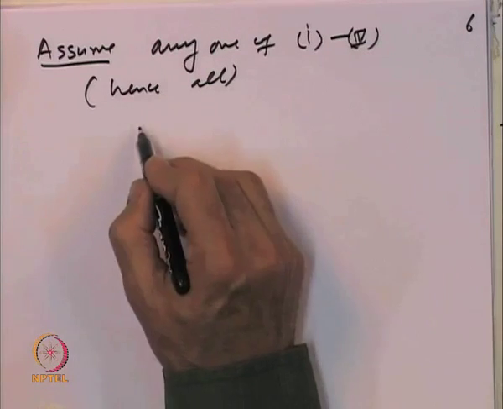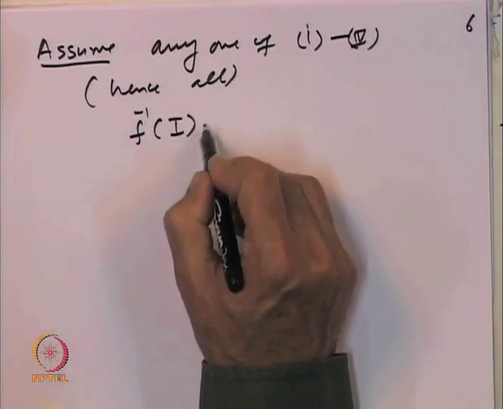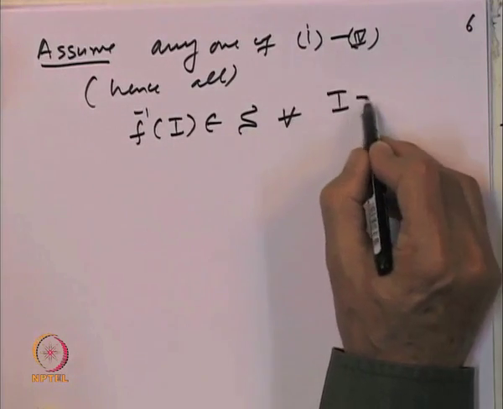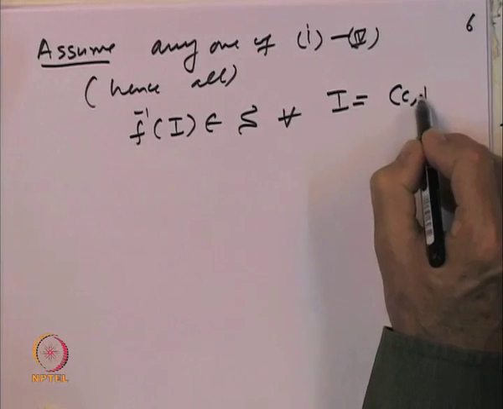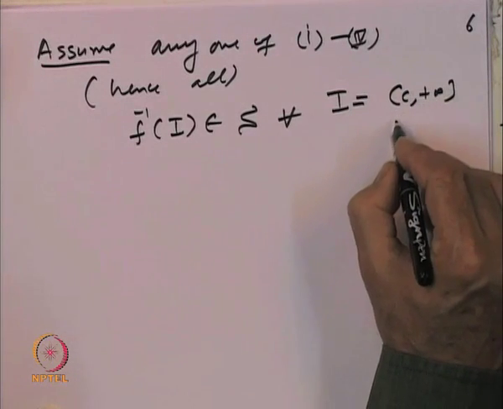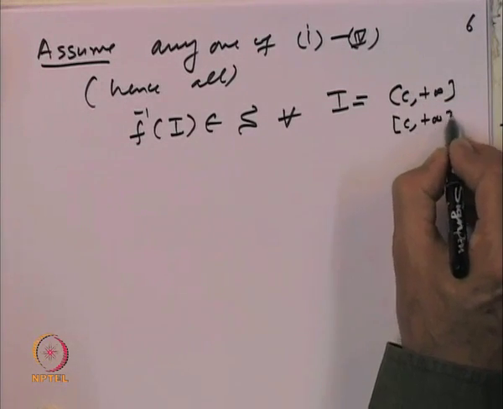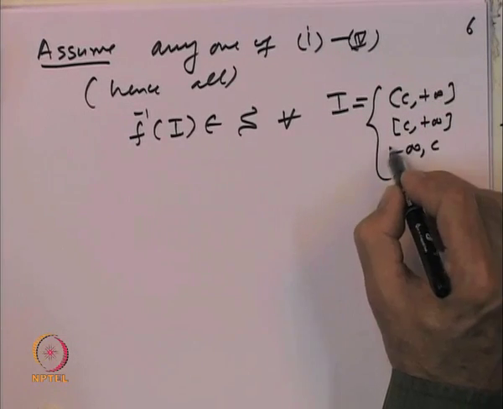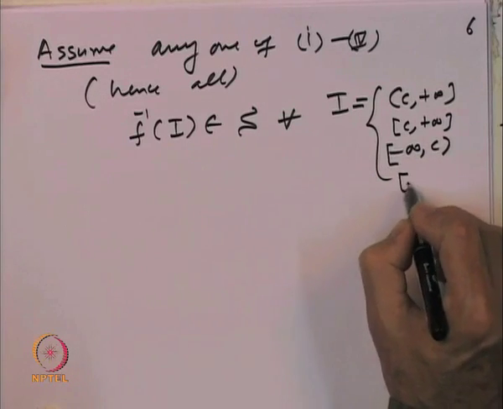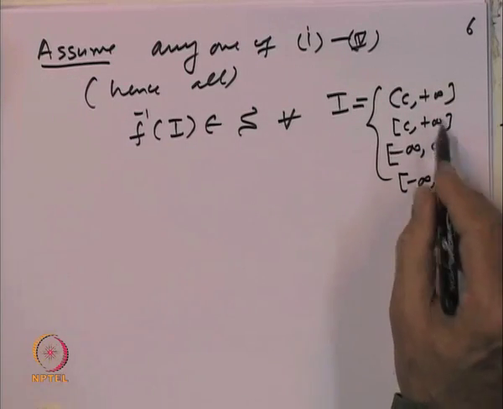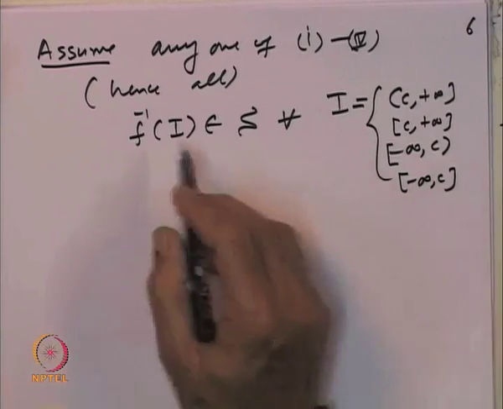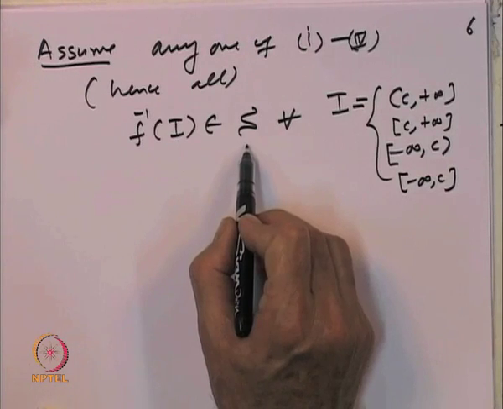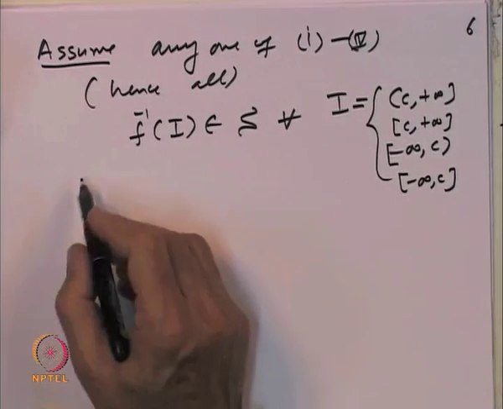So, we know that f inverse of an interval belongs to S for every interval I which looks like either open C to plus infinity, or closed C to plus infinity, or it looks like minus infinity to C open or minus infinity to C closed. So, for these four types of intervals, any one of the first four statements implies they belong to S. Now, look at any other interval.